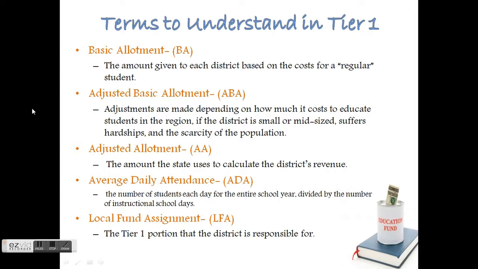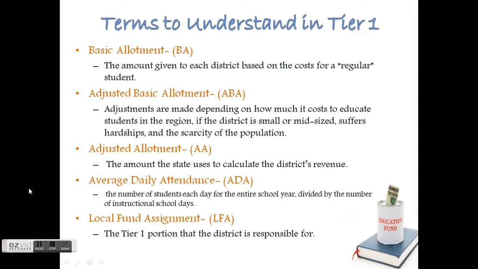Adjustments are made depending on how much it costs to educate students in the region, if the district is small or mid-sized, suffers hardships, and the scarcity of the population. AA, or adjusted allotment, is the amount the state uses to calculate the district's revenue.